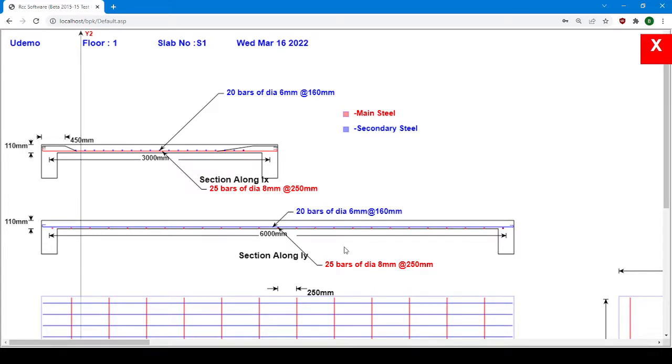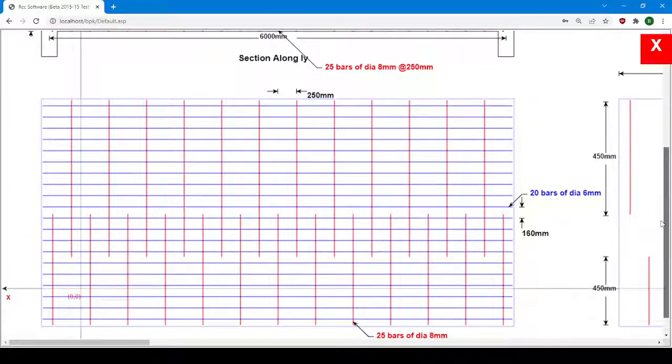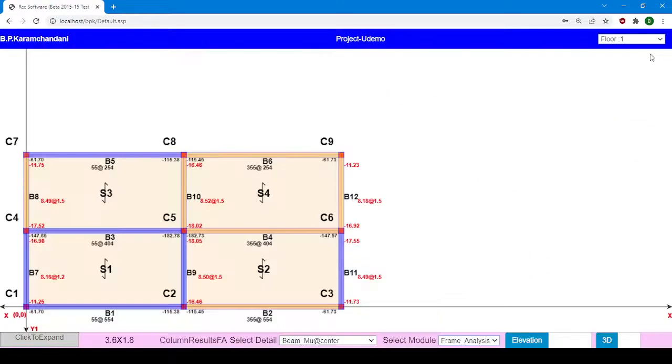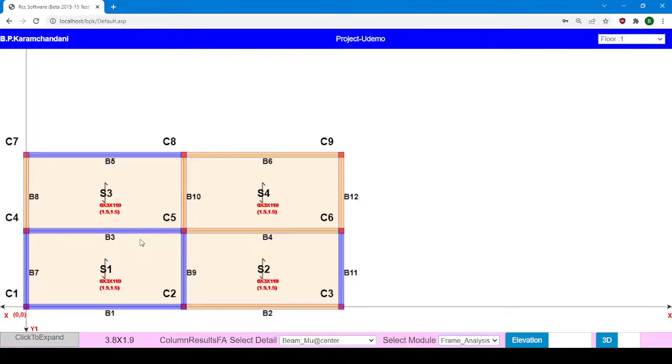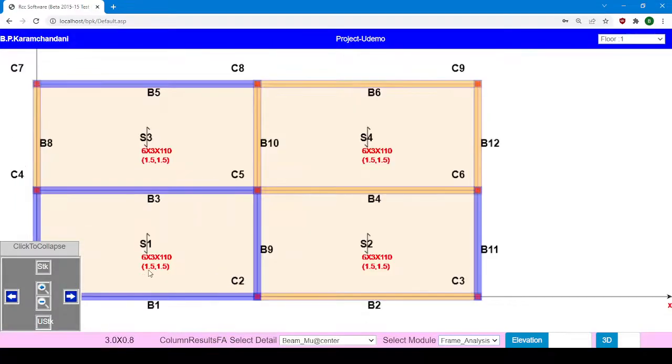We have checked 25 bars of dia 8 mm at 260 mm and 20 bars of dia 8 mm at 160 mm at the top, for slab S1 floor 1. The slab loads we consider are 1.5 and 1.5.